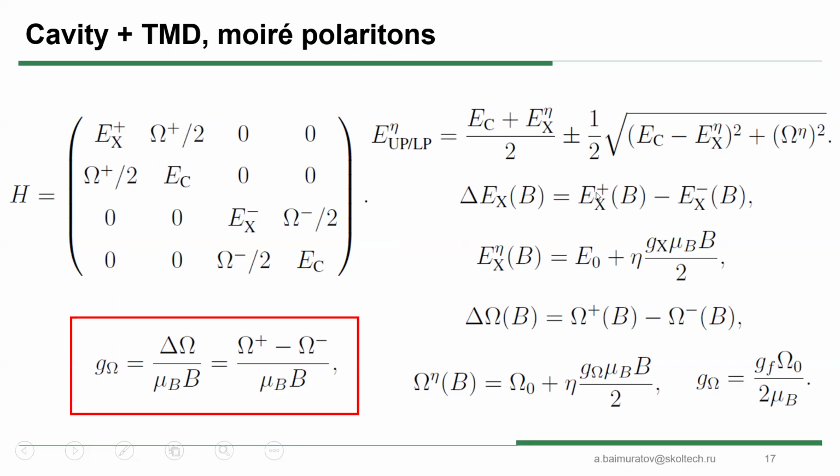But now we also have a magnetic field, and not only the excitonic part has a G factor. The eigenenergy of excitons will be dependent on the magnetic field. This is just the simple Zeeman effect for the exciton, but also the Rabi splitting will be dependent on magnetic field.